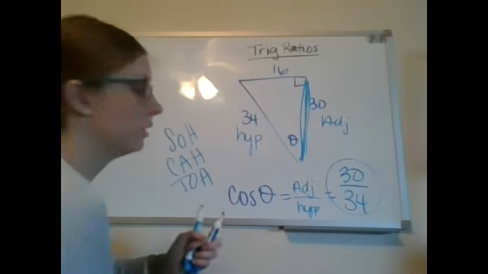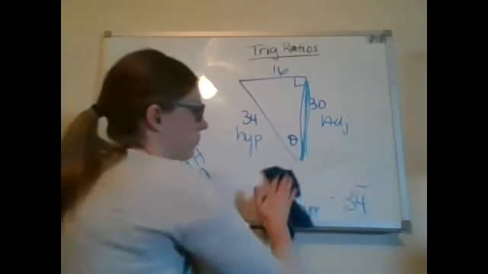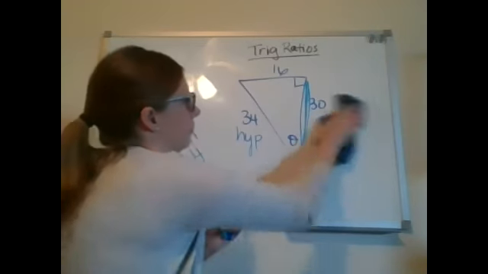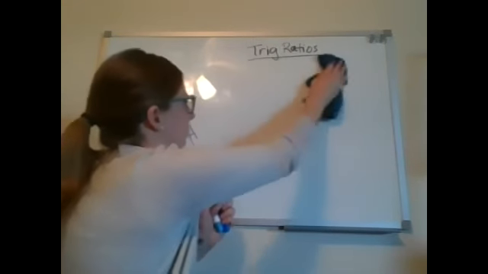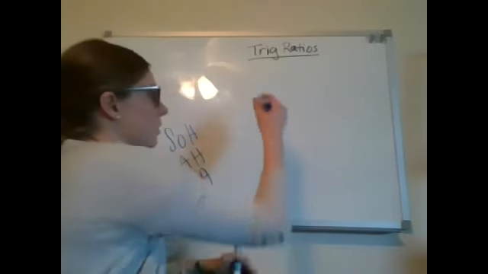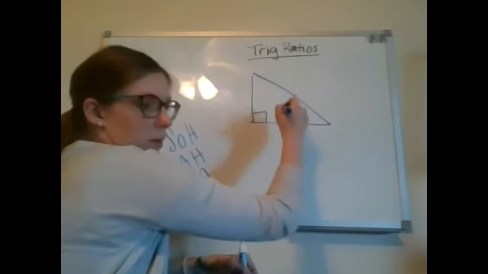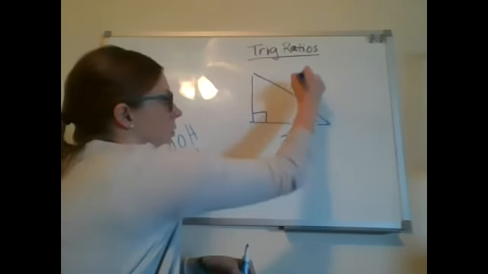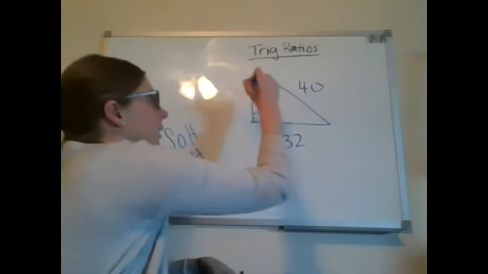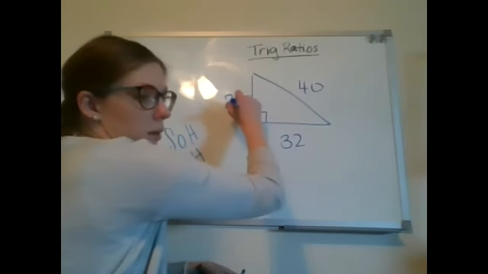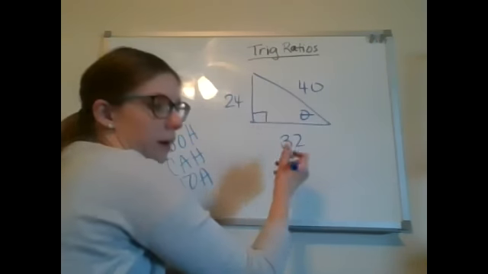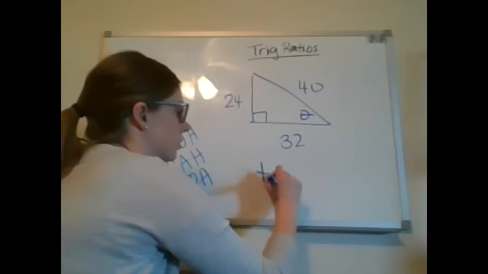All right, let's try a couple others. Let's say I give you this triangle, with sides 32, 40, and 24. Theta is right here, and I want you to find tangent of theta.